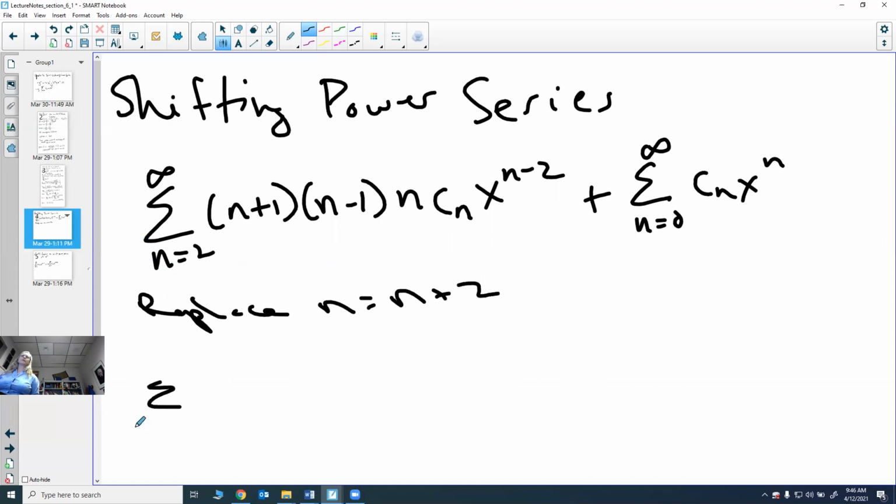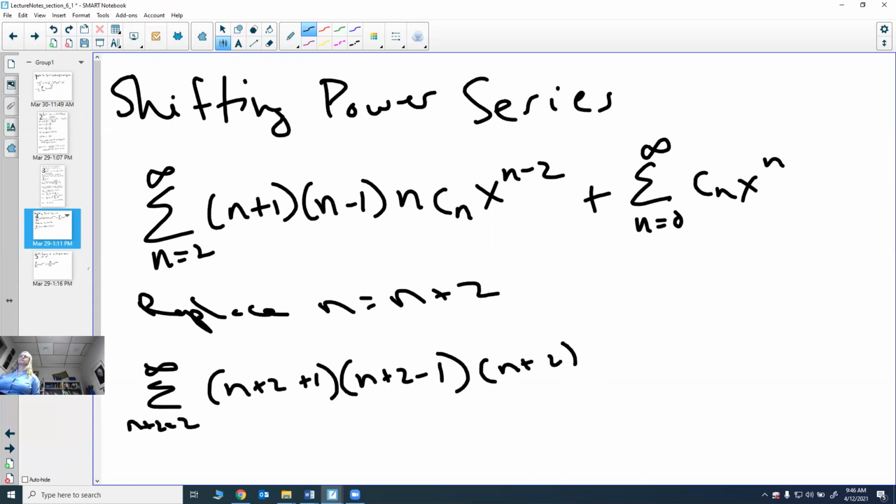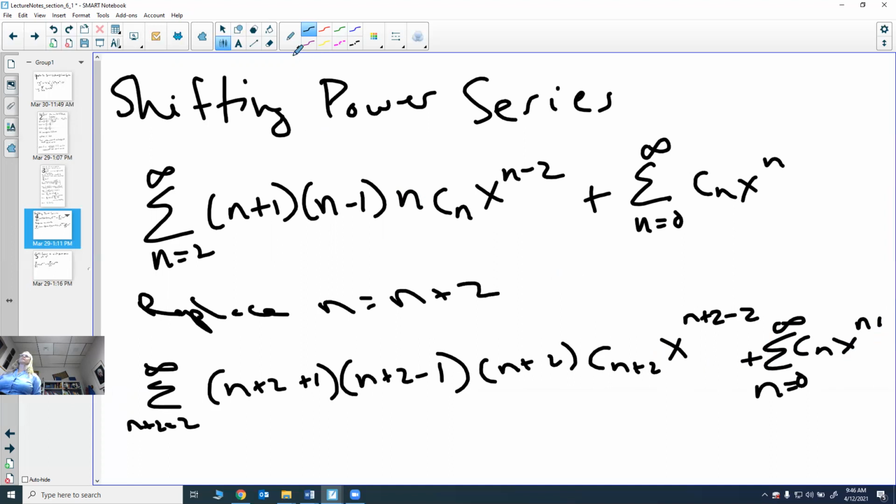So this would mean we now would do the summation n plus 2 equals 2 to infinity, n plus 2 plus 1, n plus 2 minus 1, n plus 2, c sub n plus 2, x to the n plus 2 minus 2. We aren't doing anything with the other one. So this one is still cn x to the n, starting at n equals 0. So I don't have to change both. I only have to change one. I just need to shift one of these.